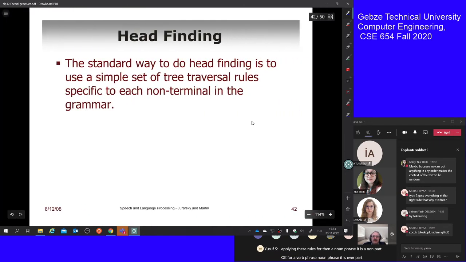So head finding is not an ambiguous process. It has a very nice set of deterministic steps, and if you follow these steps, you are going to find the head of the whole sentence or the part of the parse tree. It is a simple set of tree traversal rules, and each one is specific to each non-terminal in the grammar.